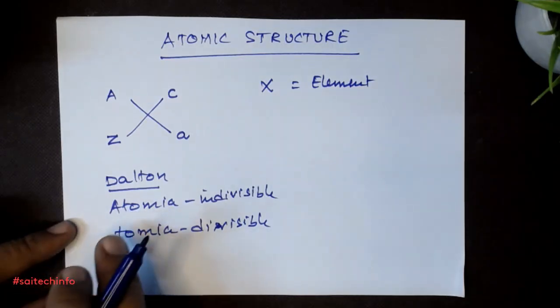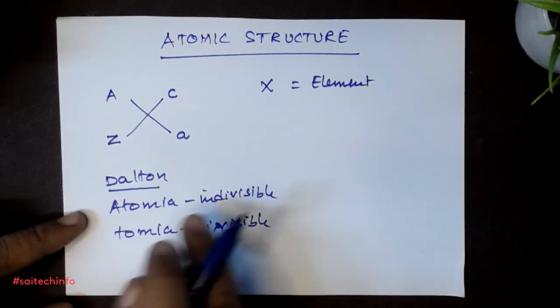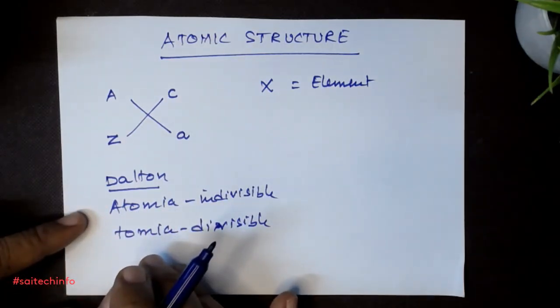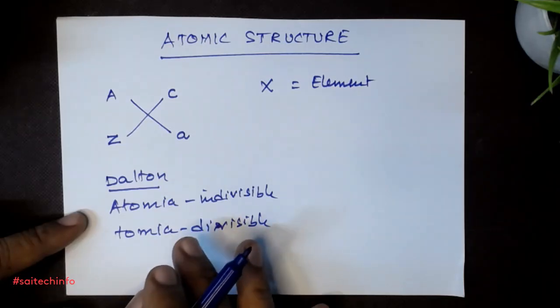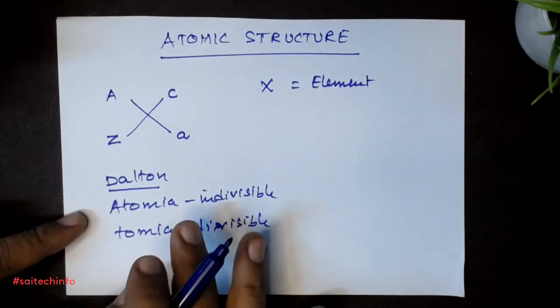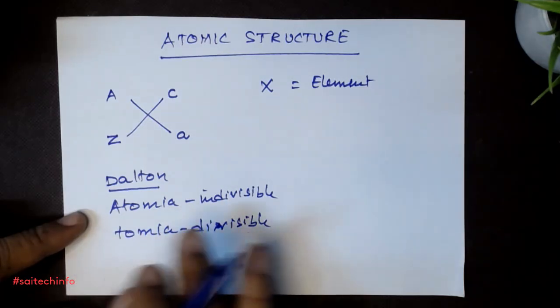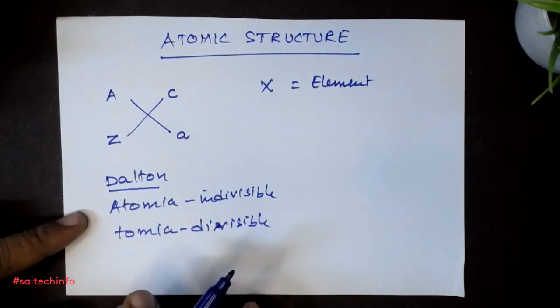Dalton gave this name atomos, that is indivisible, the finest particle. So the tiniest particle which cannot be further divided, he called atomos.